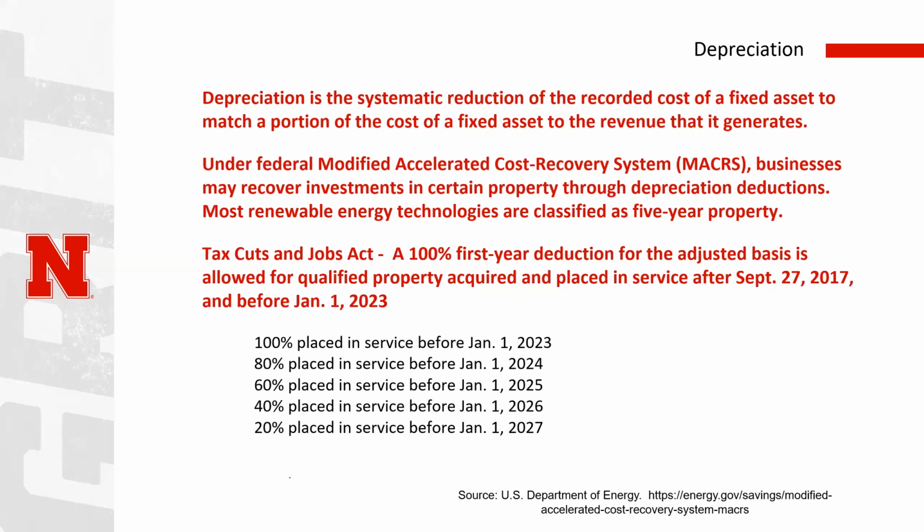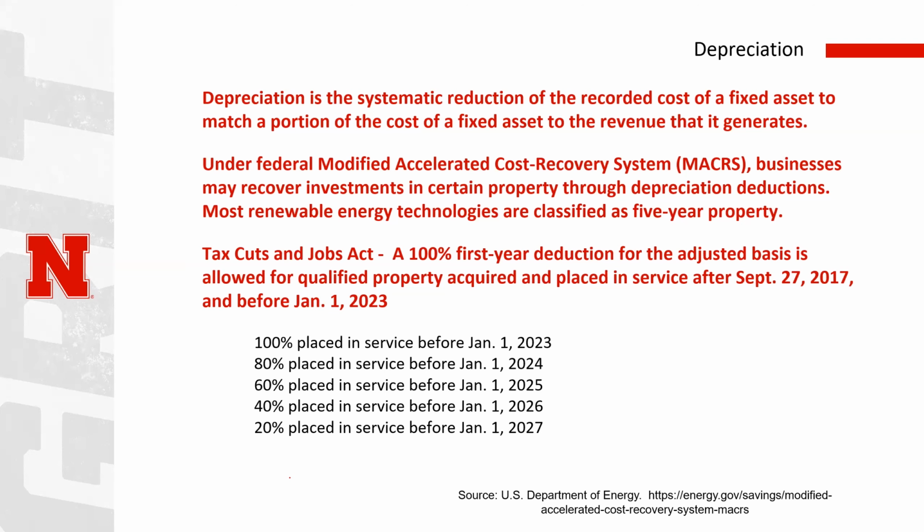Let's talk about depreciation a little bit as we move forward. For those of you who have businesses, understand that it's a tax advantage to be able to depreciate the personal property. There is an accelerated depreciation or a bonus depreciation in effect through 2027, where I can depreciate much faster.